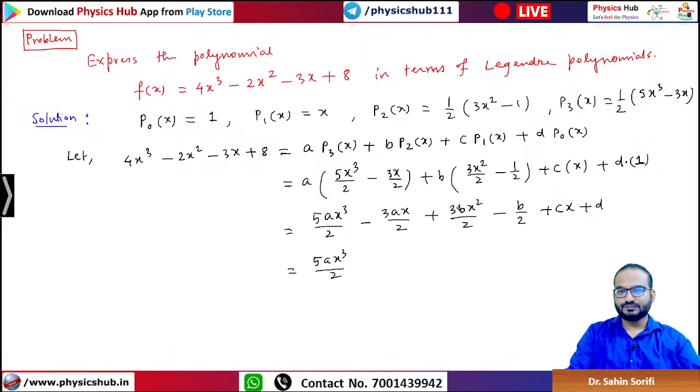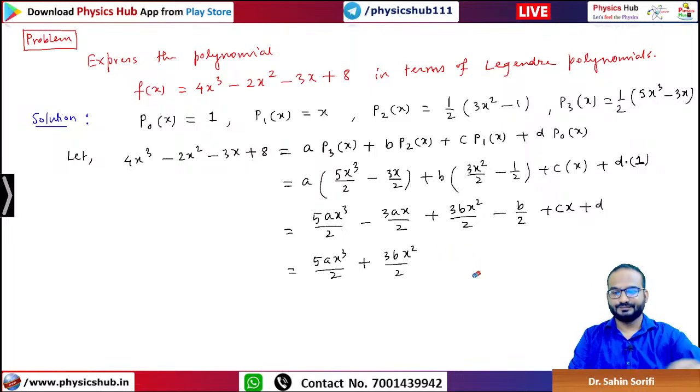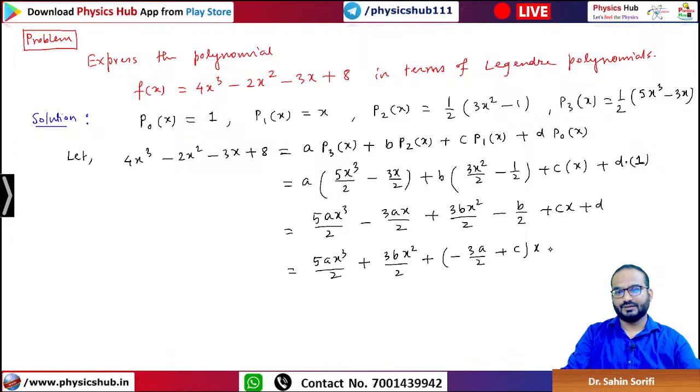So 5a x cube by 2, then the term related to x square, 3b x square by 2, then x, then x to the power 0. cx is there, so let's take common: minus 3a by 2 plus c times x, minus b by 2 plus d. Clear?